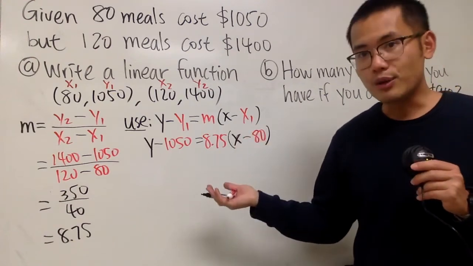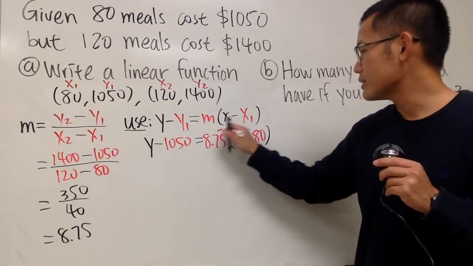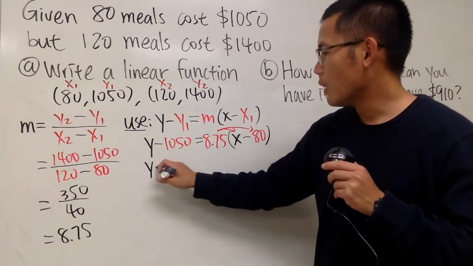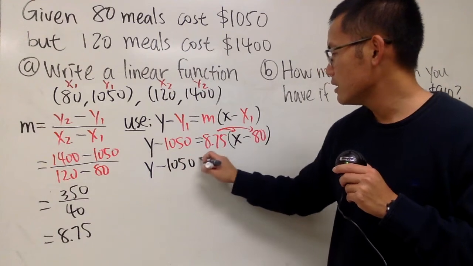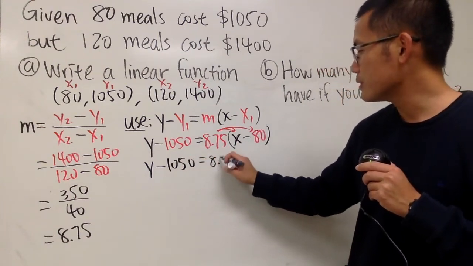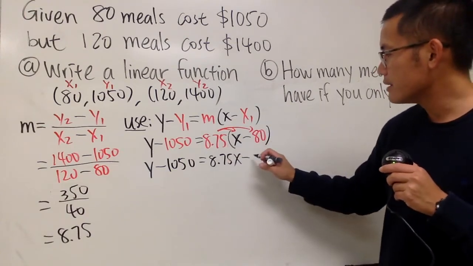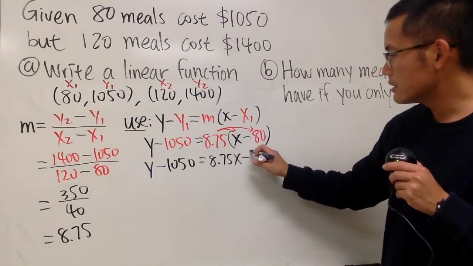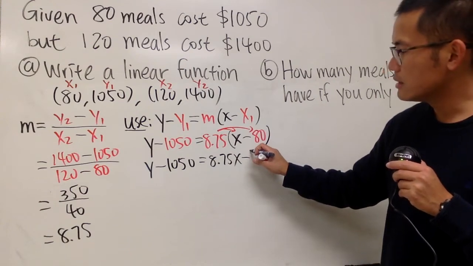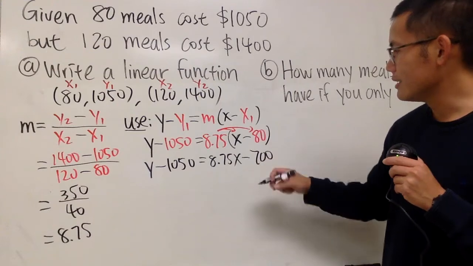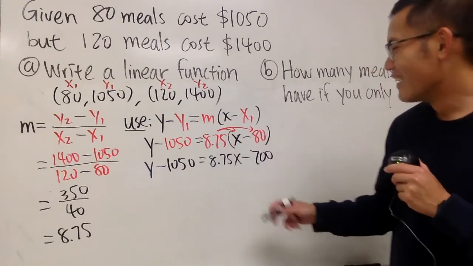Okay, let's go ahead and distribute the 8.75 and then just continue as our usual business. y minus 1050 equals 8.75x. And next, this times that is minus 700. All right, so minus 700.